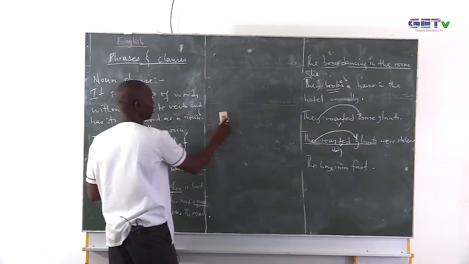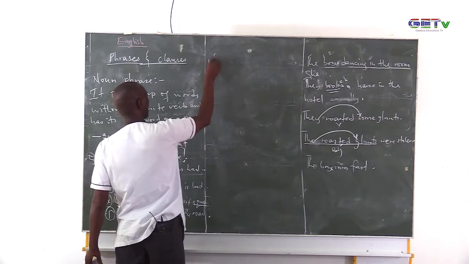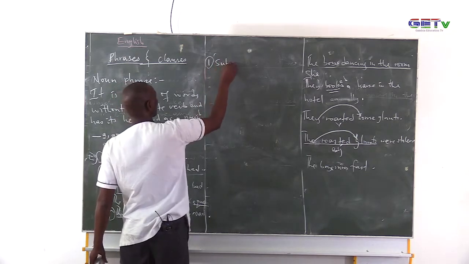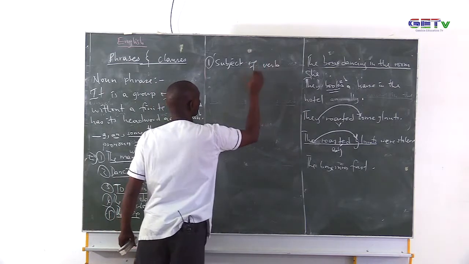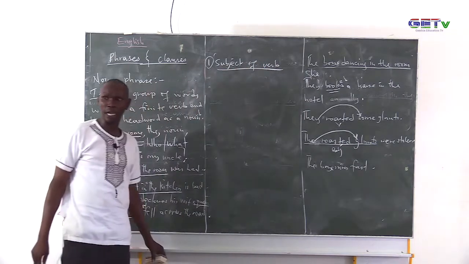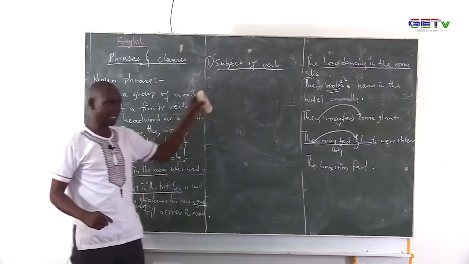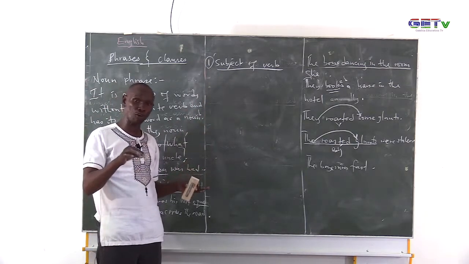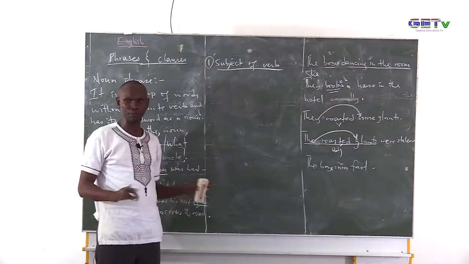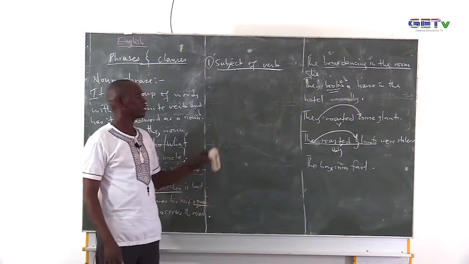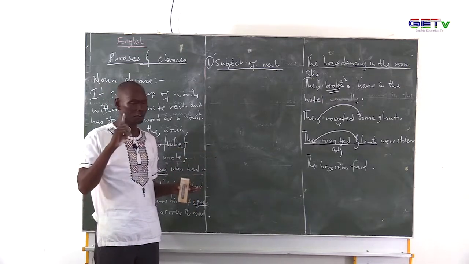The first function is subject of verb. That's one. And this is very simple. In simple language, when a noun phrase is underlined before a verb, it is the subject of that verb.